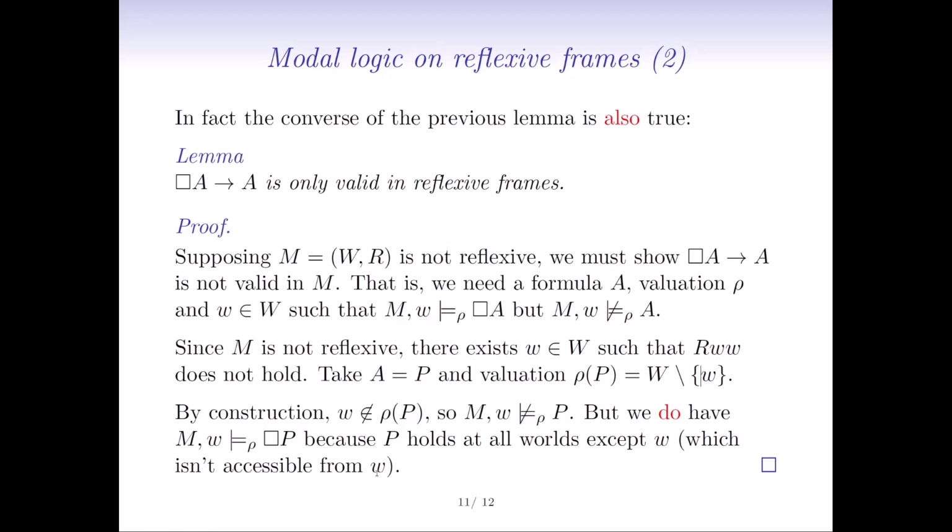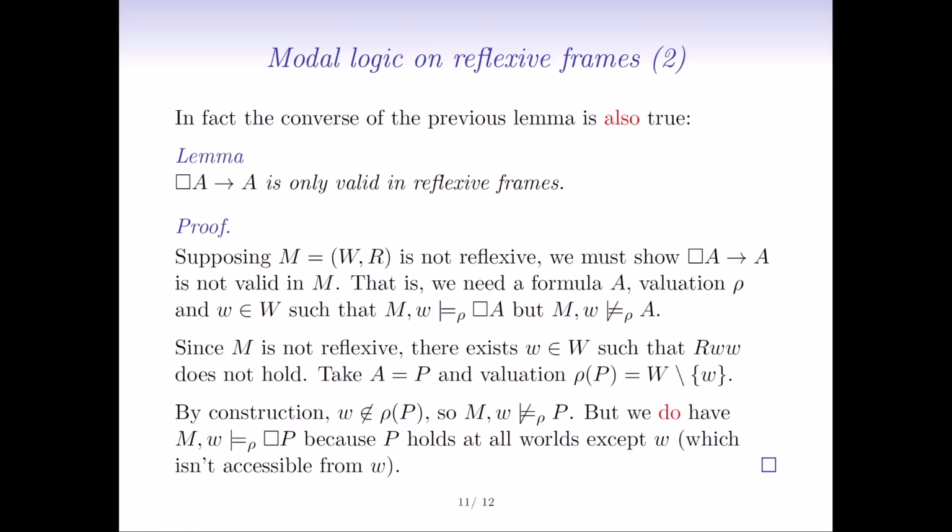So P is true everywhere accessible from W for sure, because it holds at all worlds except W, and so W itself satisfies box P. And then we're done.